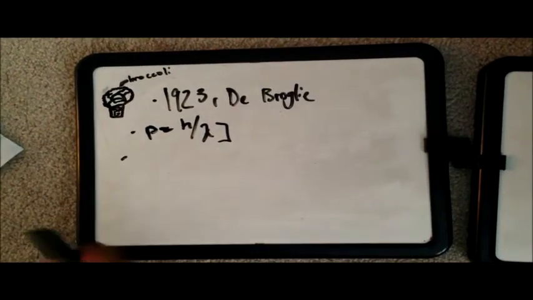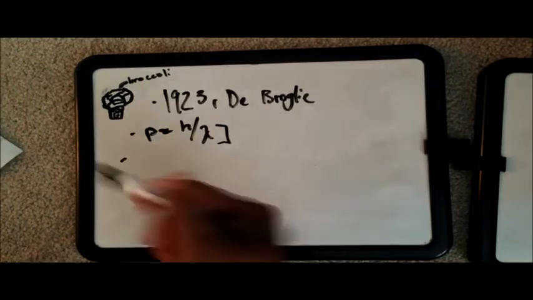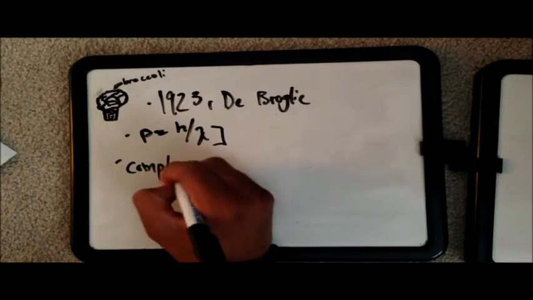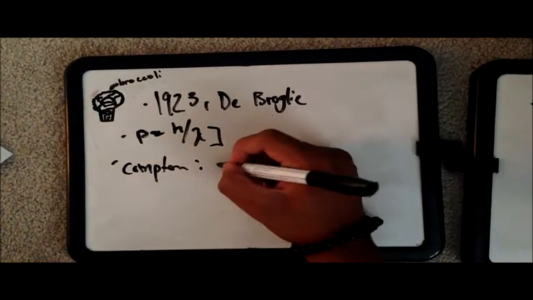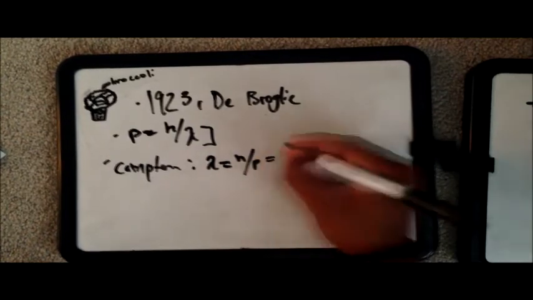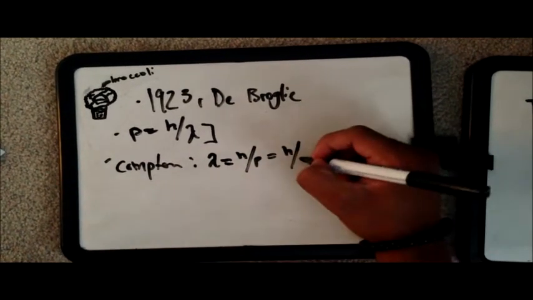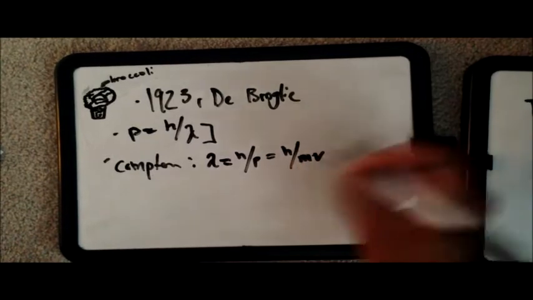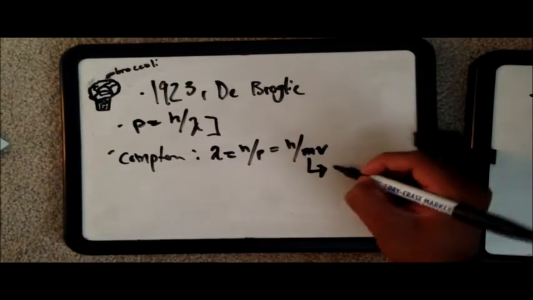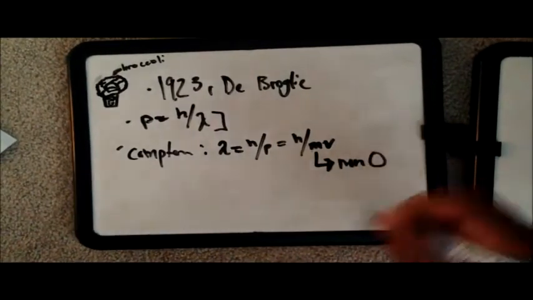Then, he suggested that it could also be determined through the Compton relationship, in which he stated that the wavelength is equal to Planck's constant over momentum, which is then broken down into Planck's constant over mass times speed, or velocity, depending on what you're looking at. And of course, the mass is non-zero.